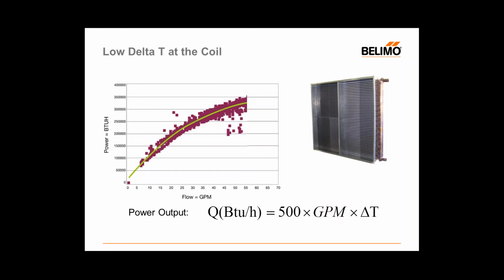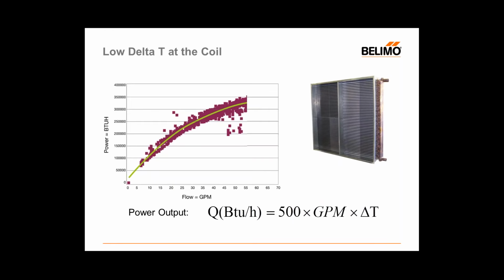So this heat transfer is represented by the equation we see here. BTUH, or power output in the unit BTUH, is calculated by 500 times the flow rate times delta T in degrees Fahrenheit. And so we have delta T in this formula as well.